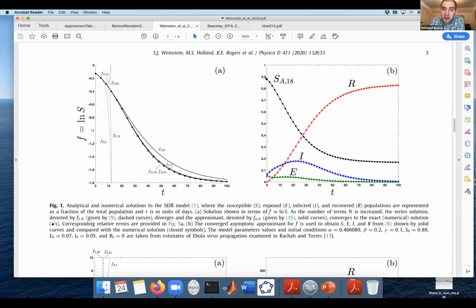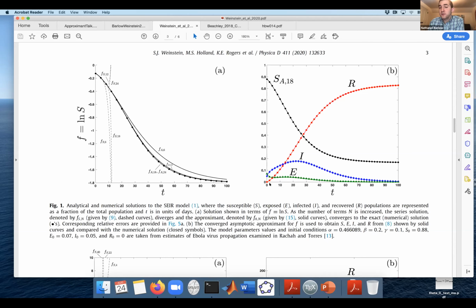They're assuming that like 89% of the population is susceptible, and then it goes down, and a little less than 20% have never got Ebola by the time we reach the end of the epidemic. And so the dots are the numerical solution, the lines are the approximate.